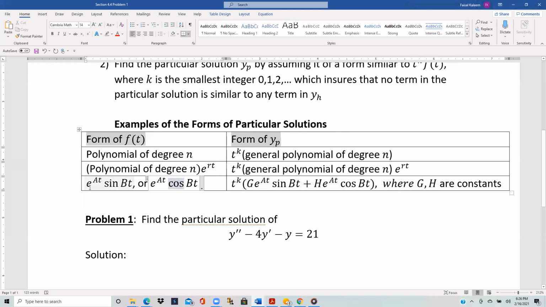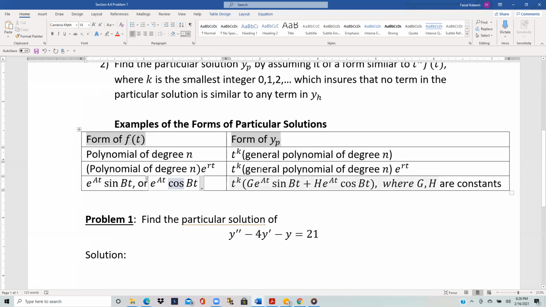So note here that the form of f of t could just have e^(at) sine bt, but even then we'll have both sine and cos terms here. And also if it's just e^(at) cos bt, we'll have both sine and cos terms here in the particular solution.